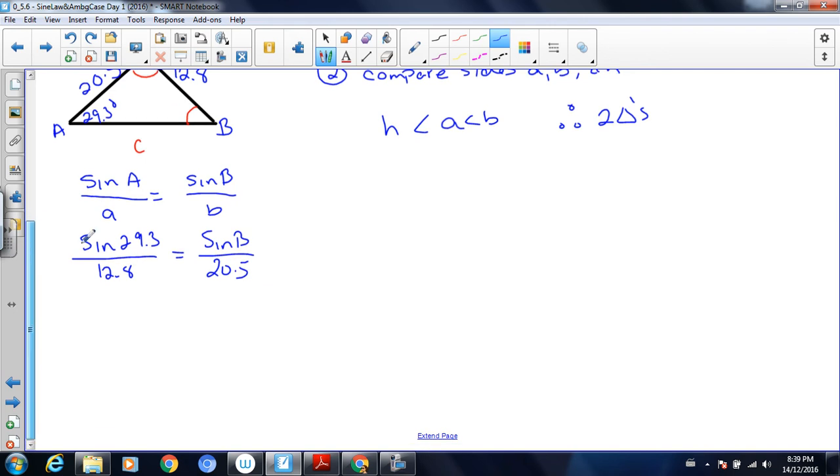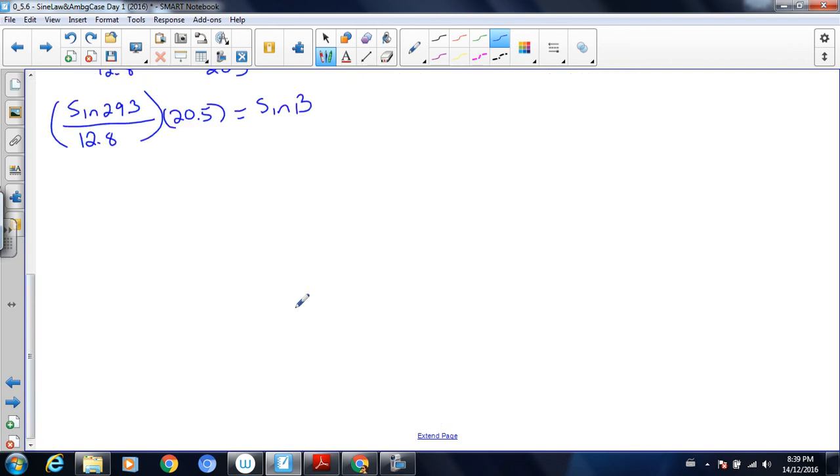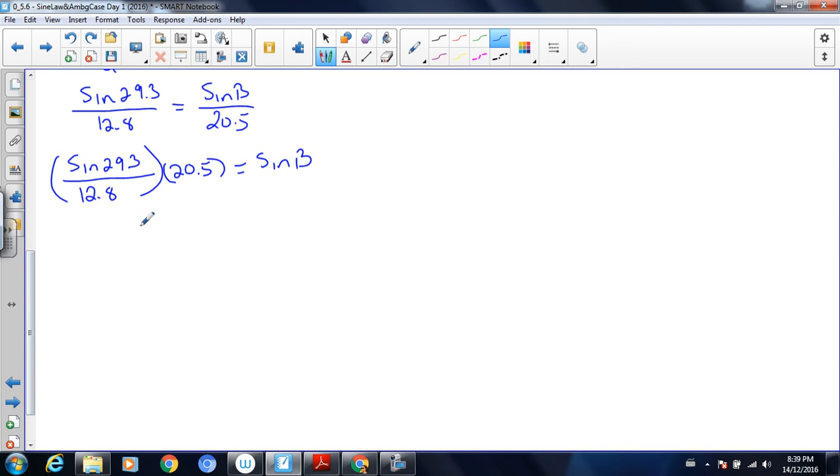Now I need to solve for angle B, so I must bring 20.5 over, so sine of 29.3 over 12.8 multiplied by 20.5 is equal to sine of B. We're going to round this to 4 decimal places because this is not my final answer.